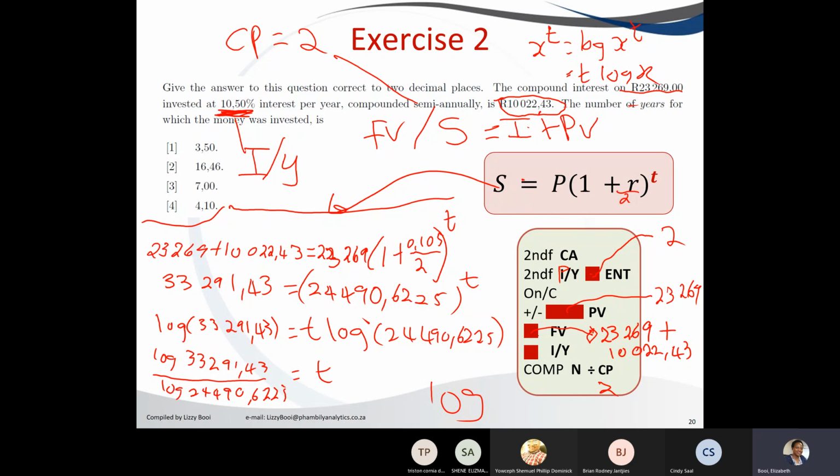Where did I not do right? Those who are calculating manually, help me out here.